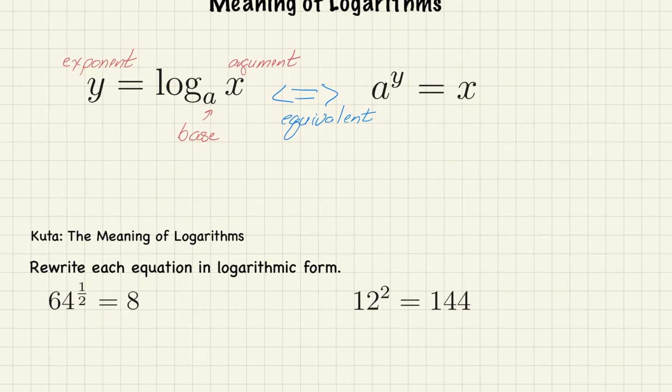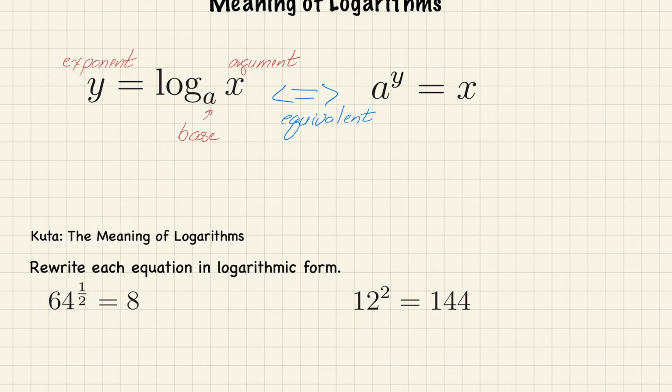Here we want to rewrite each equation in logarithmic form. So we have 64 to the 1/2 power is equal to 8. This is very similar to our exponential function. Okay, so in this case, y is 1/2, x is 8, and a is 64.